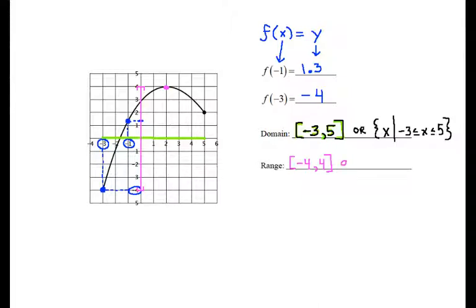And if I wanted to write that using set builder notation, that would look like this. The set of all y such that -4 is less than or equal to y, which is less than or equal to 4. I should use the y variable for this set because we're talking about range. Make sure that your interval endpoints are in the correct order.